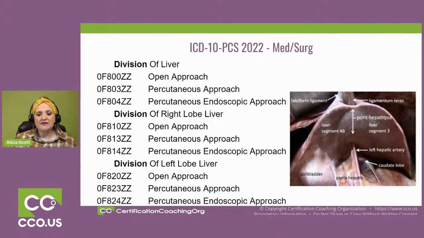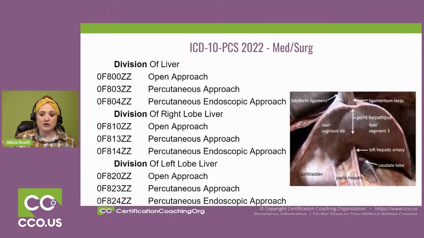Now we have in med-surg, division of the liver. Well, we really gained a lot of opportunities here. So what I did was I broke the codes down to just make it easier for you to see it. And we have division of the liver, just the liver as one organ, then the right lobe and the left lobe. And then it's just repetitious.